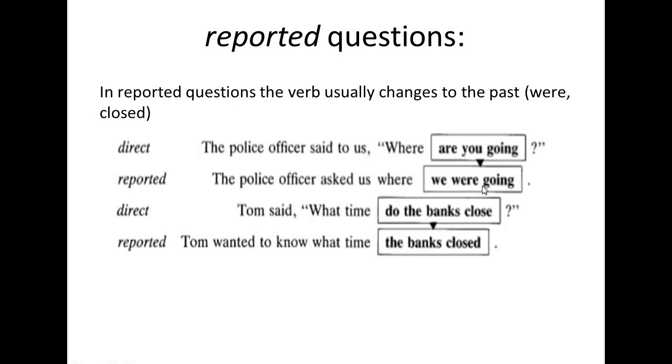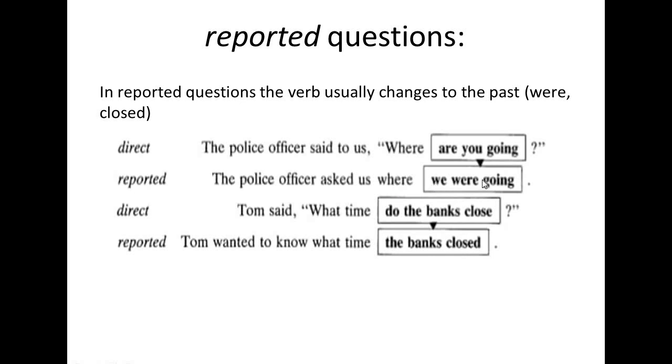The verb changed to the past, and here we is used because we are talking about ourselves. So he asked us, someone, us. Where is still here: where we were going.